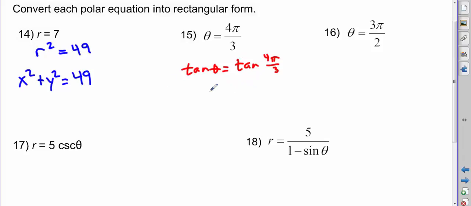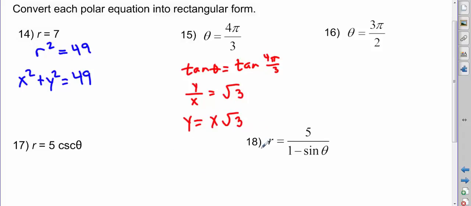It allows us to go directly to x's and y's. It gets rid of all the r's in one step, and it'll get rid of the thetas too. So in this particular problem, that works out pretty well. Tangent of theta is y over x. The tangent of 4 pi over 3 is square root of 3, and then we could quickly go ahead and just change that to be y equals x times the square root of 3.